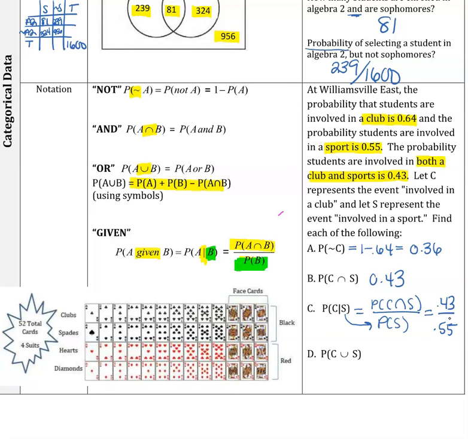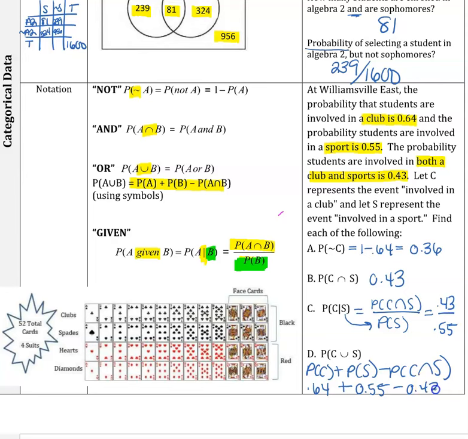Now, lastly, your OR formula. This is the probability of club plus the probability of sport minus the probability of club and sport, because you don't want to count those people twice if they're involved in both. So probability of being in a club is 0.64. Probability of being in a sport is 0.55, and then the and was 0.43.